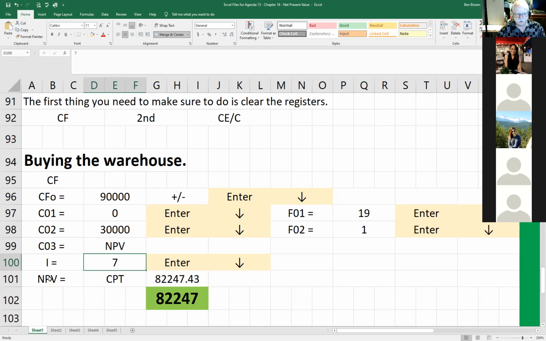And now we're looking at NPV, but it doesn't know what to do yet. Go compute. And you should be looking at negative 82247.42992, which we're going to round to the closest number, 82247.